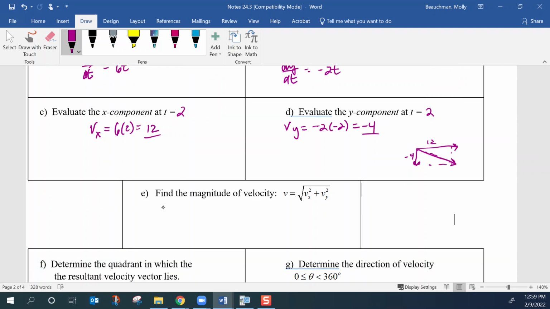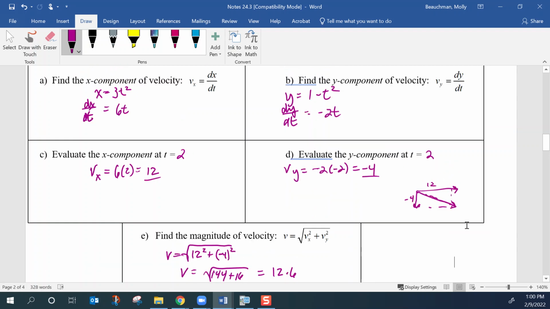So the magnitude of the velocity is equal to the square root of your x component squared, so that would be 12 squared, plus your y component squared, negative 4 squared. So that would give us the square root of 144 plus 16, and that gives us approximately, rounded to the nearest tenth, 12.6. So 12.6 is our velocity.